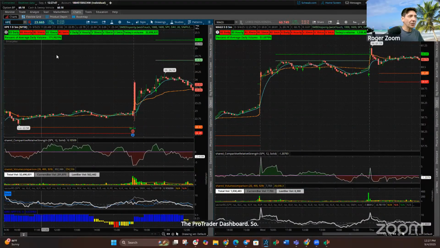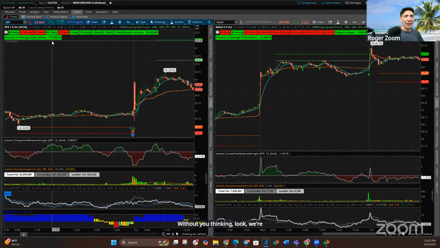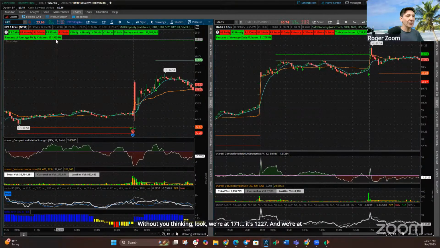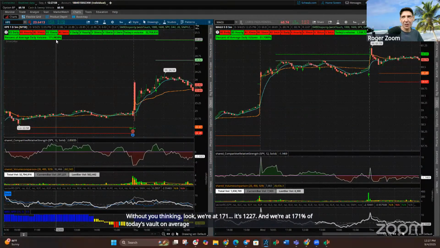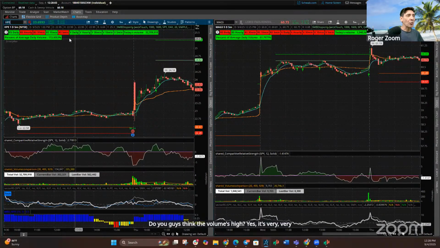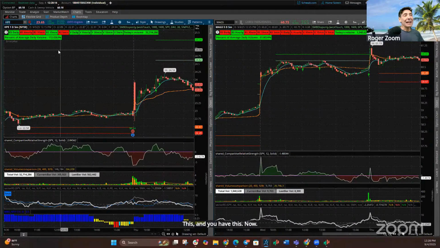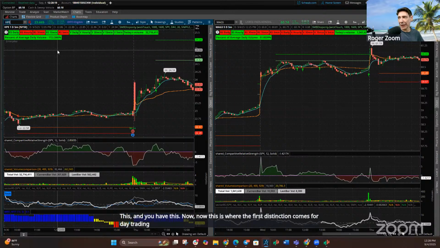That can tell you right away without you thinking: look, it's 12:27 and we're at 171% of today's average daily volume. Do you guys think the volume is high? Yes, it's very, very high. And remember what I told you, if one of these is green, then the odds are volume is higher than normal. Now this is where the first distinction comes for day trading versus swing trading.